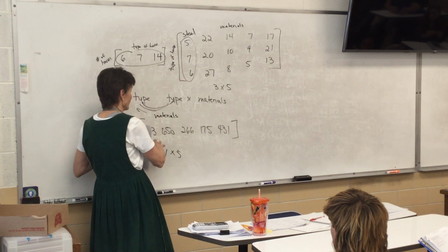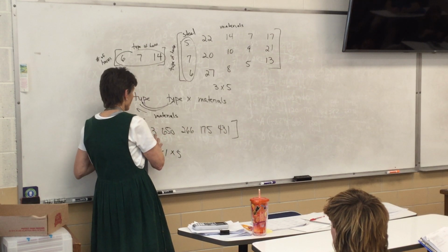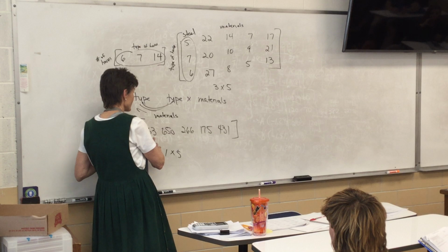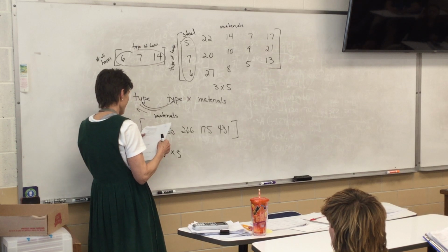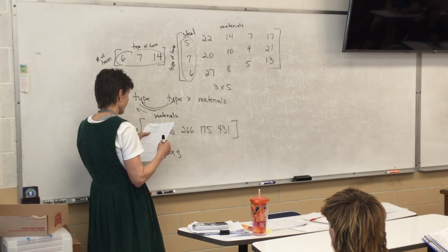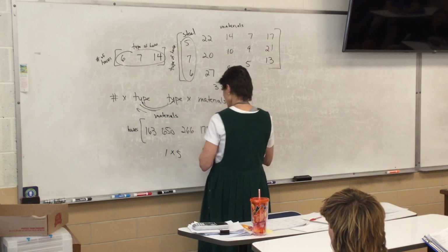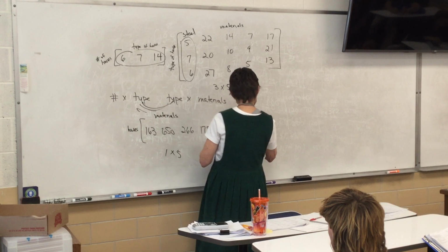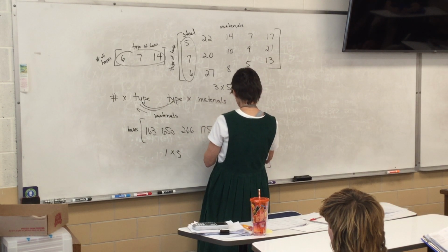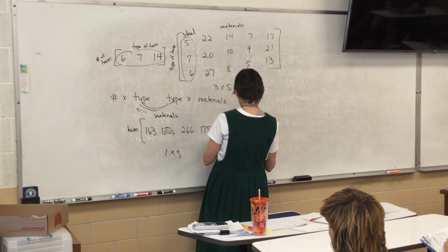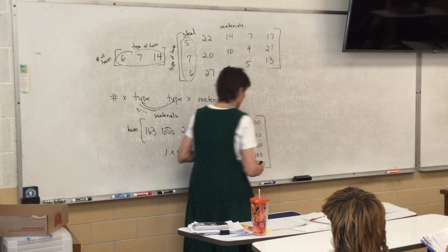This is how much steel I need. Could I multiply this matrix times the cost matrix? So the cost matrix, let's see, this is what I've got. So the cost matrix would have to be written this way. And it's 1,600, 900, 500, 100, and 1,000.